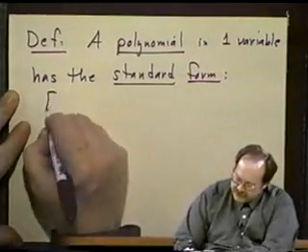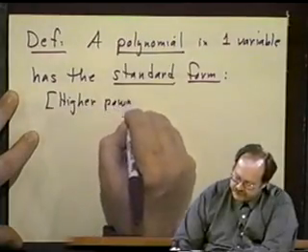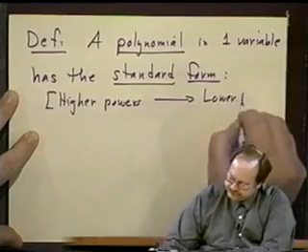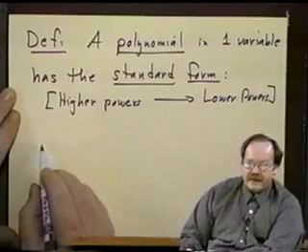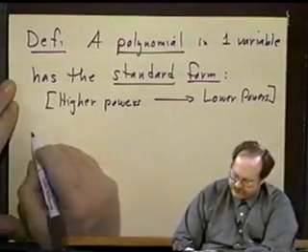Standard form, and what is the standard form? The standard form is that the higher powers go down to lower powers. You have it organized so that the highest powers of the variable are at the left, the lowest, meaning the constants, if there are any, at the right.